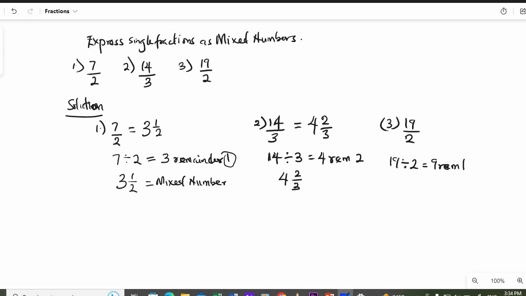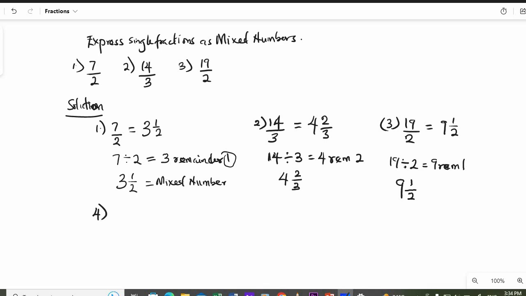Because 9 times 2 equals 18, and 19 minus 18 equals 1. So we write our 9 here, we retain the denominator, and take our 1, which is this right here, as our new numerator. So we say 19/2 equals 9 1/2. Pretty easy. So you guys are going to try this one by yourself.